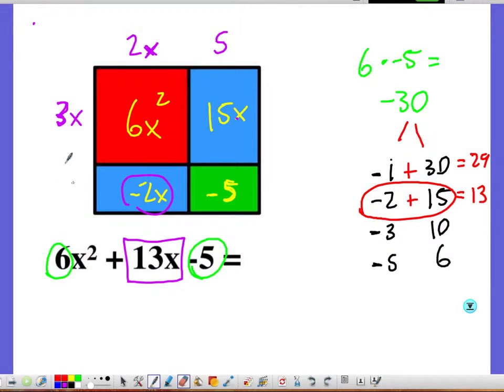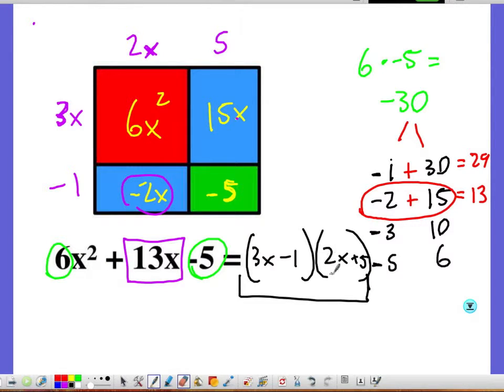Well, that's obviously going to be negative 1. So negative 1 times 2x gives me negative 2x. And guess what? We finally have our parentheses. We have 3x minus 1 and 2x plus 5. There we go. We just found the other expression that the area is equal to.